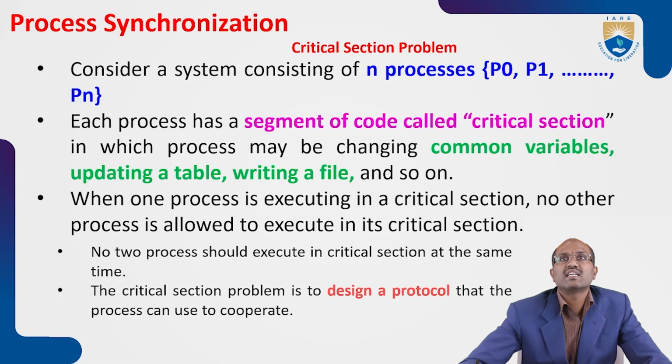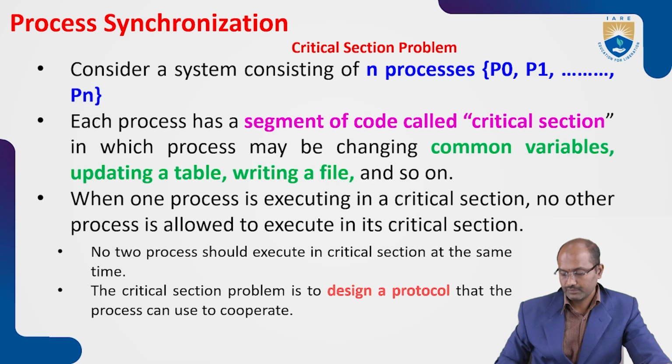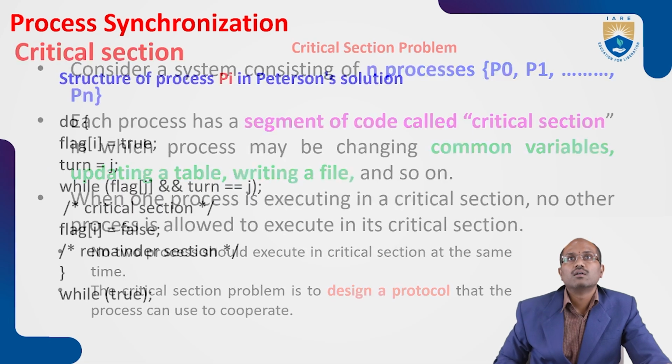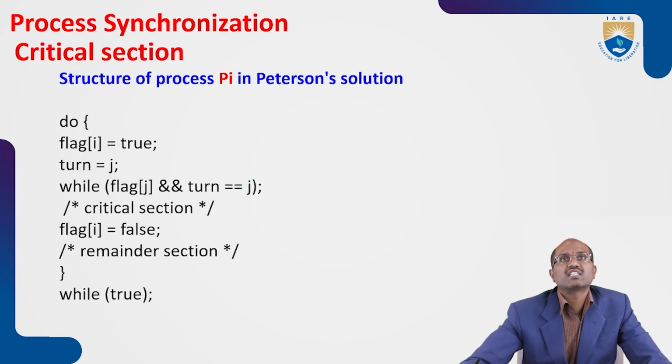When a process is executing in its critical section, no other process is allowed to execute in its critical section. So no two processes should execute in the critical section at the same time. The critical section problem is to design a protocol that the processes can use to cooperate. So that structure of the process can be solved with the critical section.